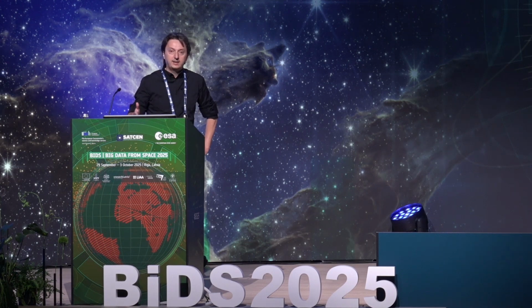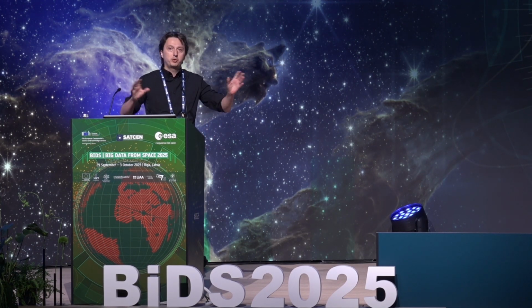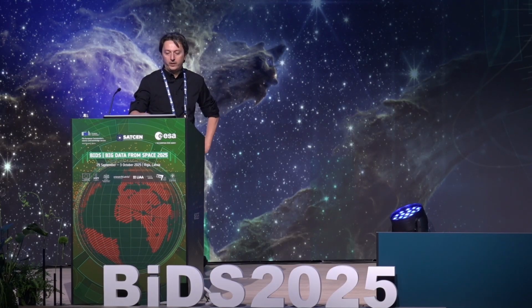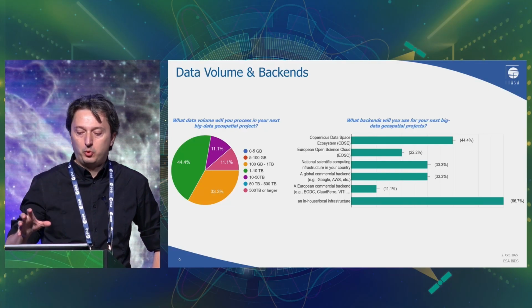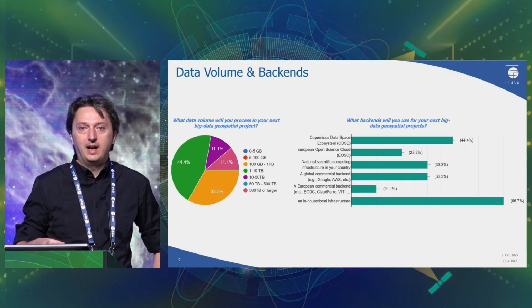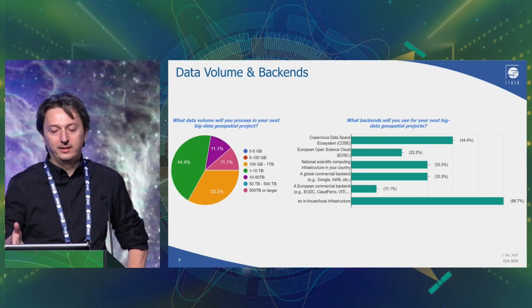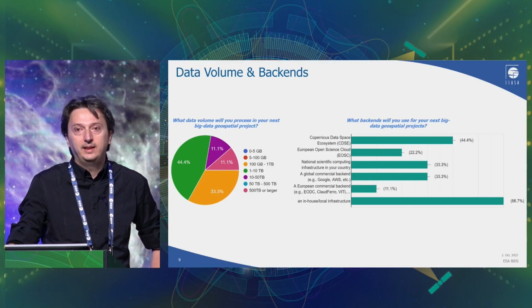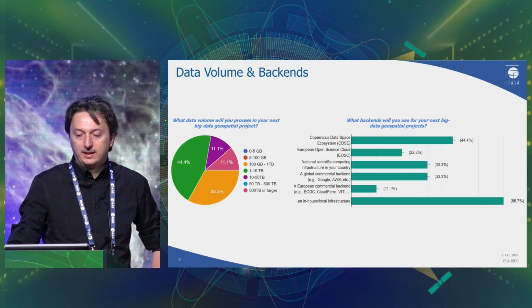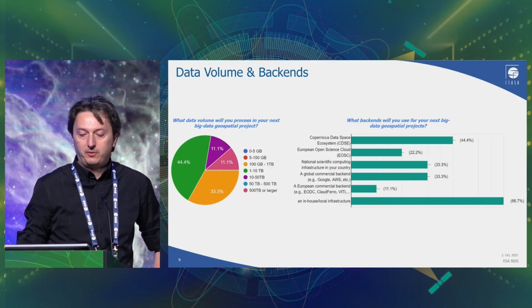And then we also asked which kind of backends they would prefer to use. The distribution was more even. We offered CDSE, European Open Science Cloud, the National Scientific Computing Infrastructure, global commercial backends, European commercial backends, and in-house infrastructure. And interestingly enough, they are mostly interested in in-house infrastructure and CDSE. That's quite interesting.